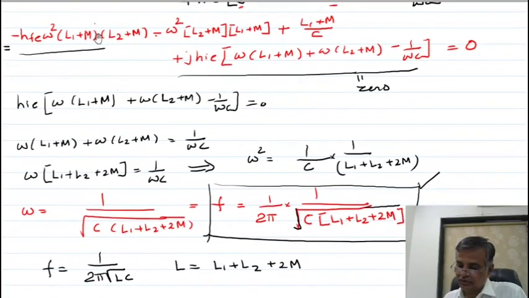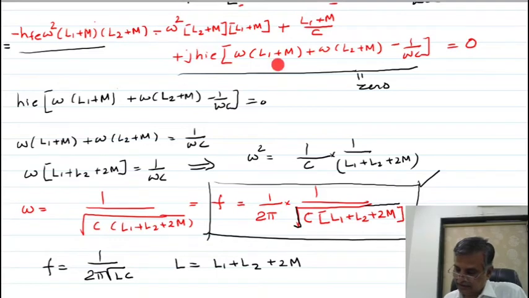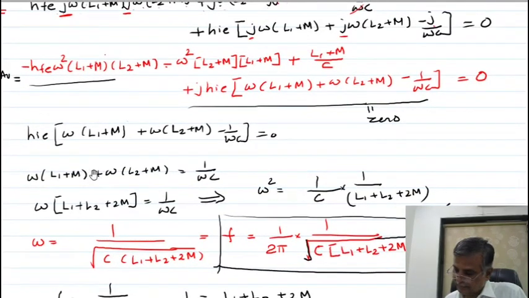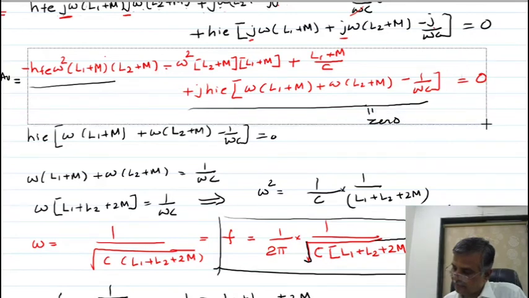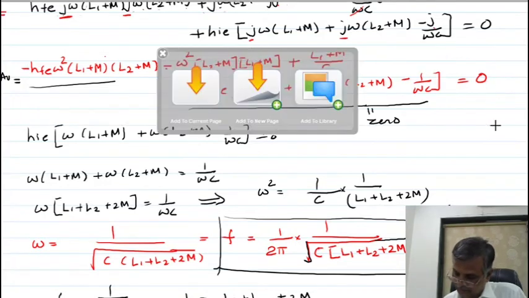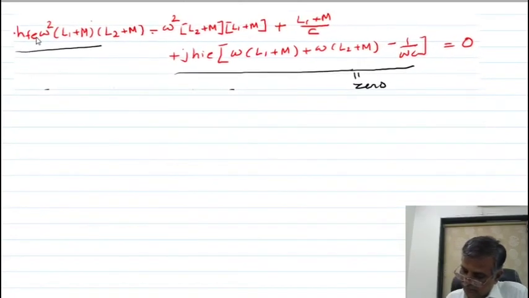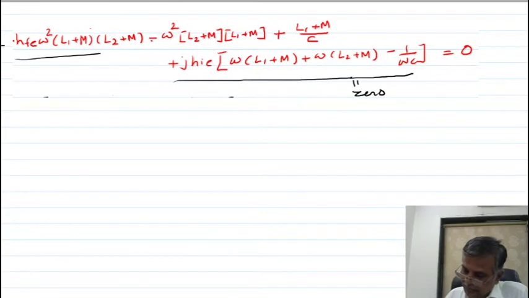This part is 0, which means I have to write this equation only, and remove this part.